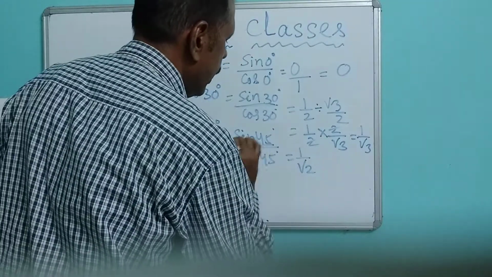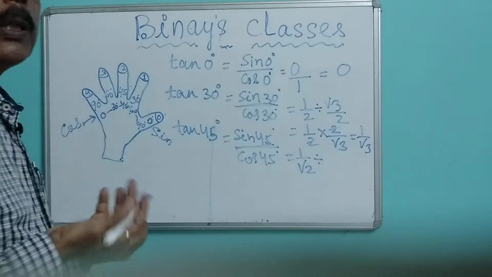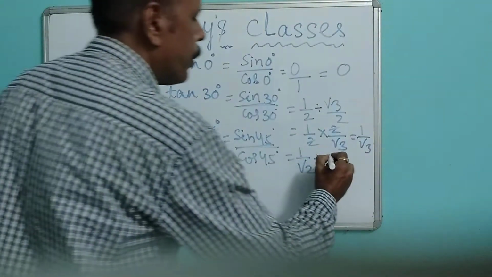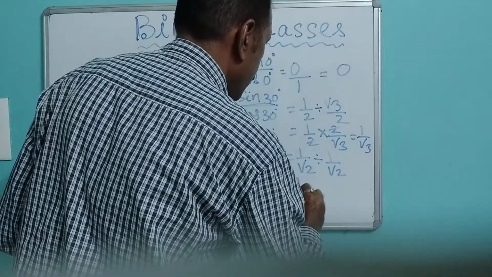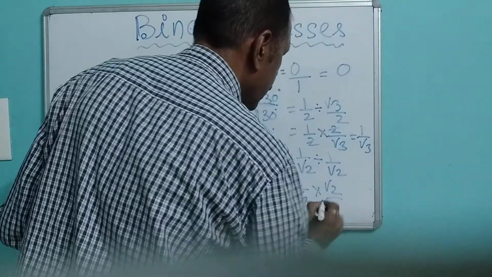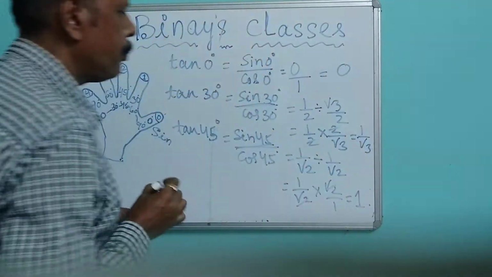Put a divided by sign here, and cos 45 we have already got as 1 by root 2. That is 1 by root 2 into root 2 by 1, the root 2 gets cut, and it will give you 1.